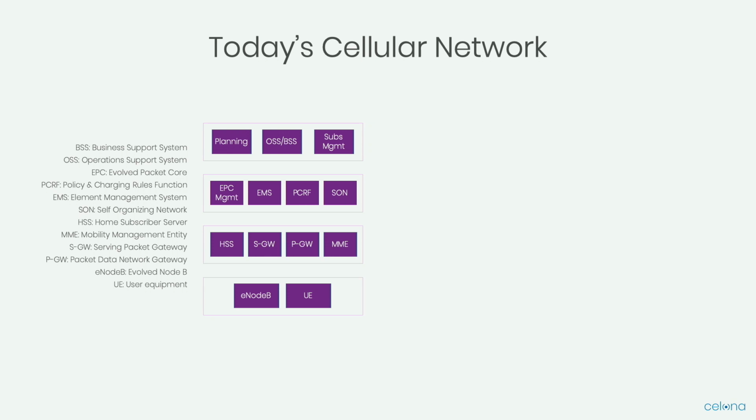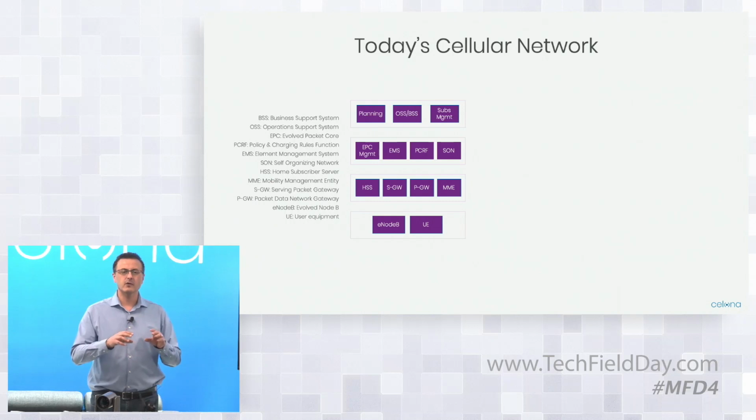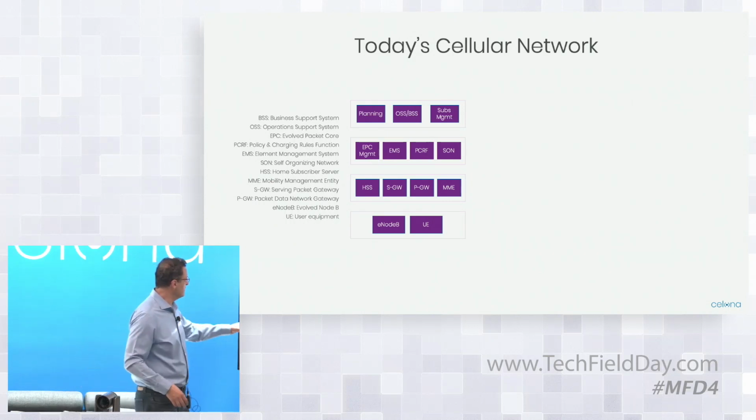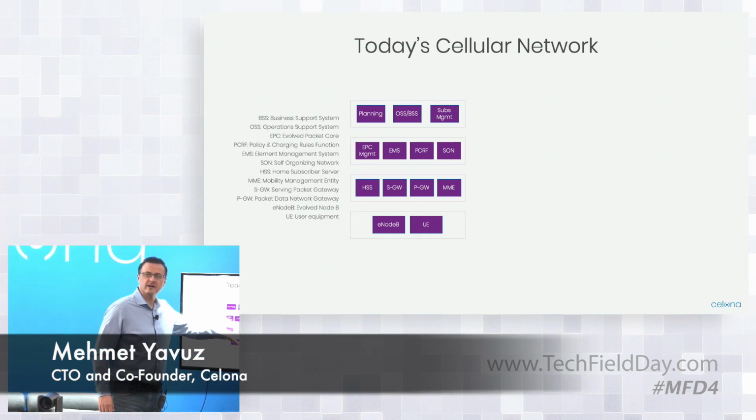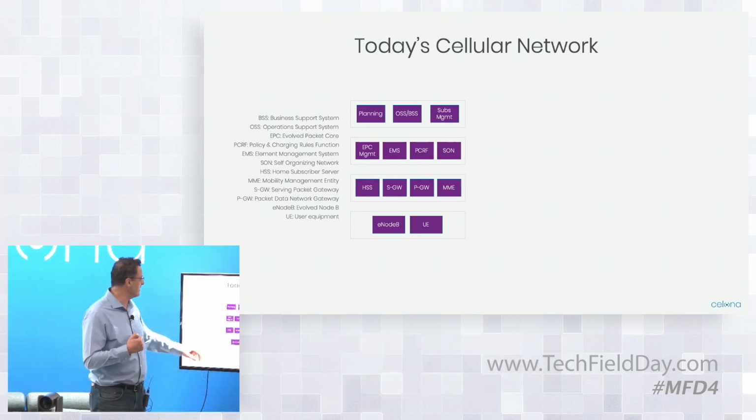But on top of that, you have a core network that handles many of the data plane and control plane functionalities. It's generally called Evolved Packet Core, EPC. It has serving gateway and packet gateway functions for the data traffic.